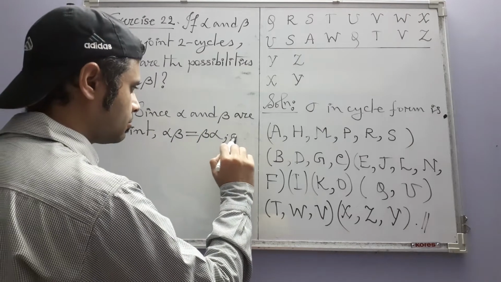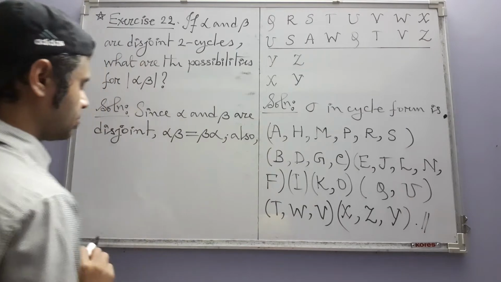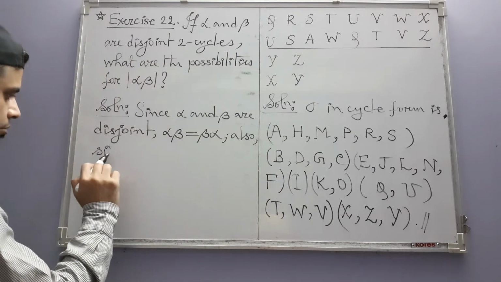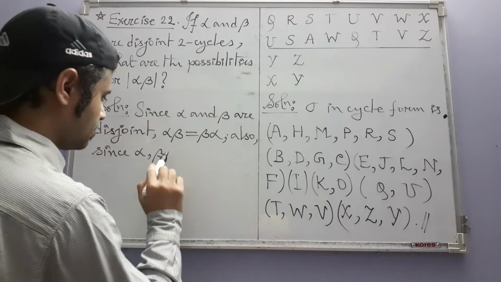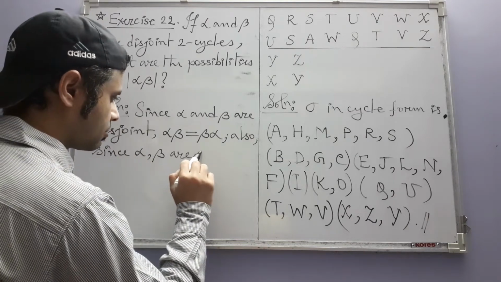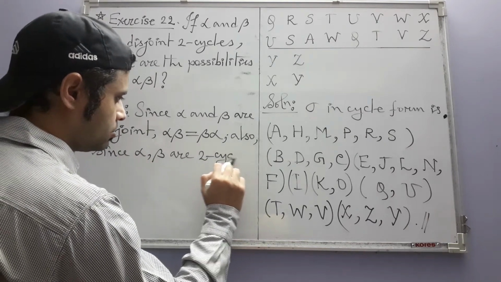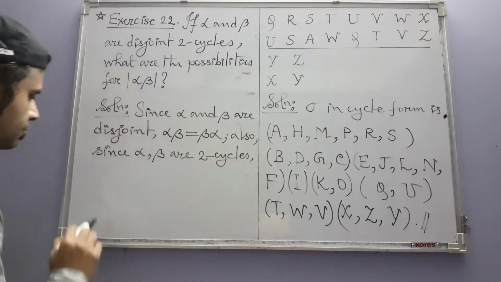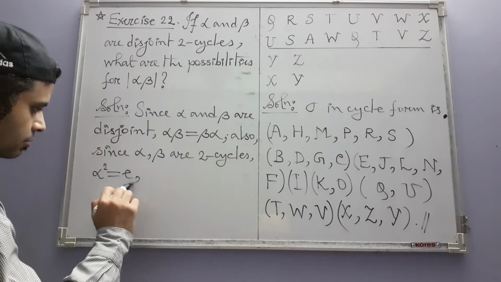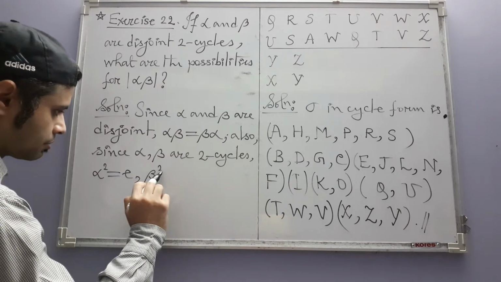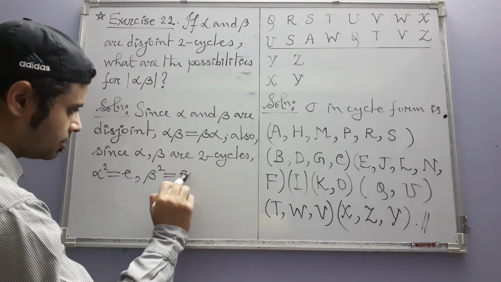Also, since alpha, beta are 2 cycles, their squares equal the identity. These are things we already know.